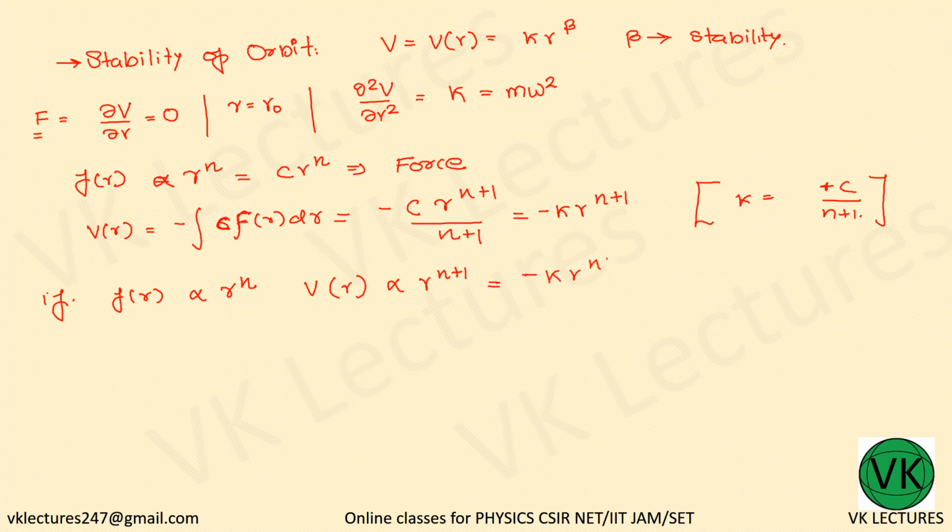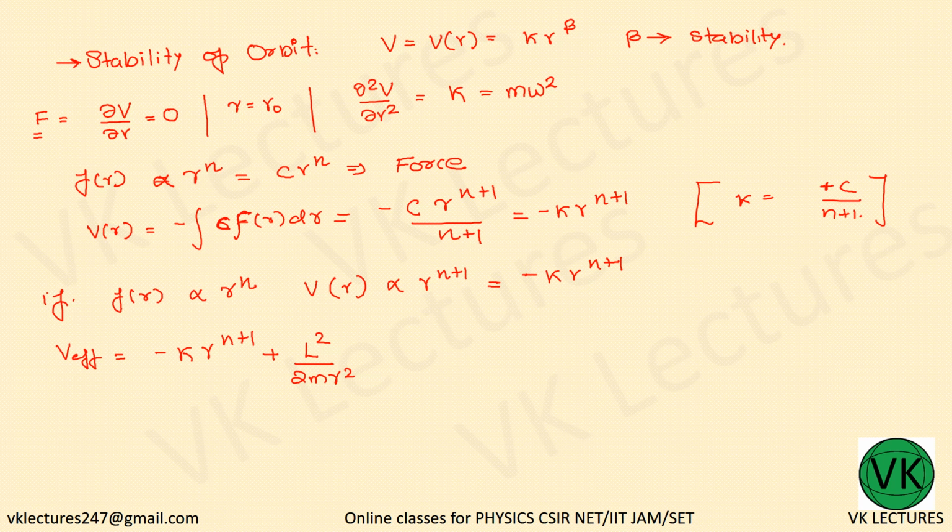So this makes sense. Now we need v effective. V effective is minus k r to the power n plus 1 plus L square divided by 2mr squared. So this is the effective potential: the original potential plus L square by 2mr square.